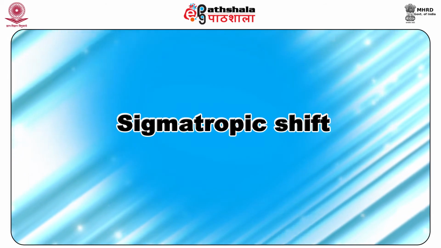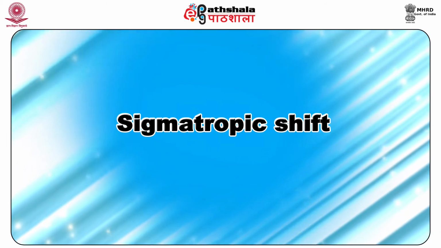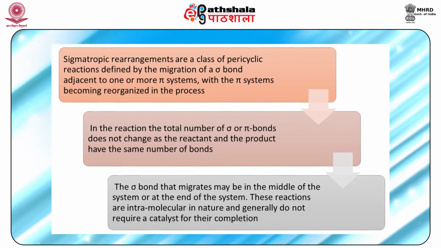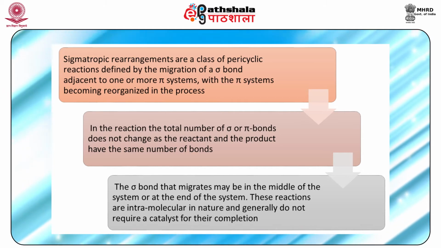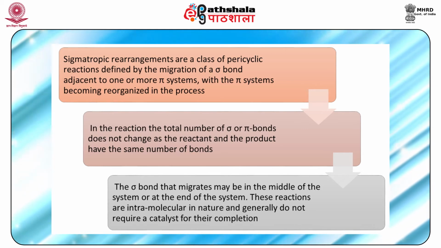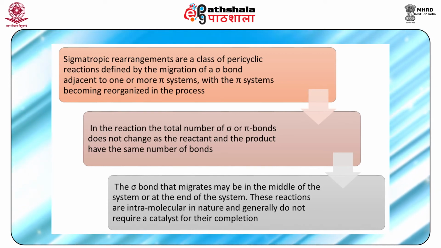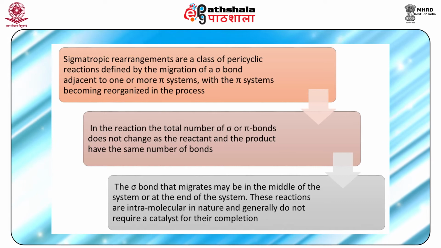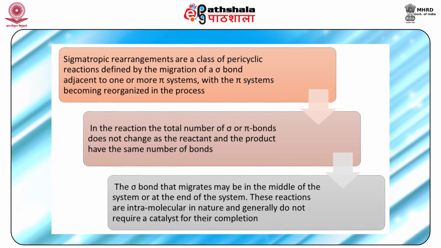Next, let us talk of sigmatropic rearrangements. Sigmatropic rearrangements are a class of pericyclic reactions defined by the migration of a sigma bond adjacent to one or more pi systems, with the pi systems becoming reorganized in the process.